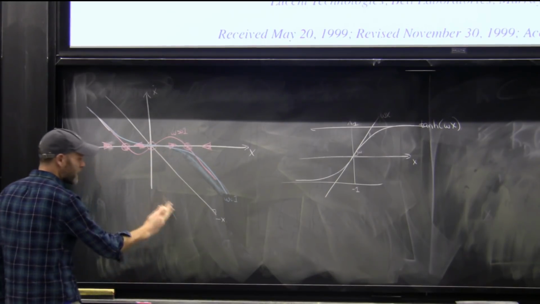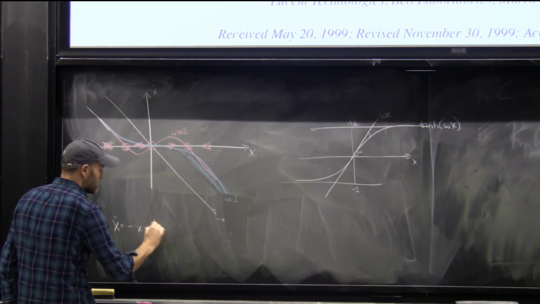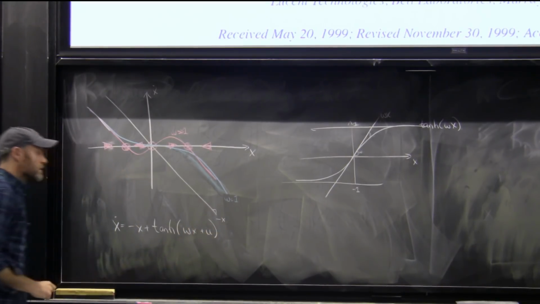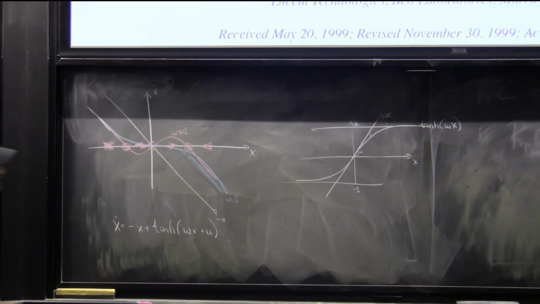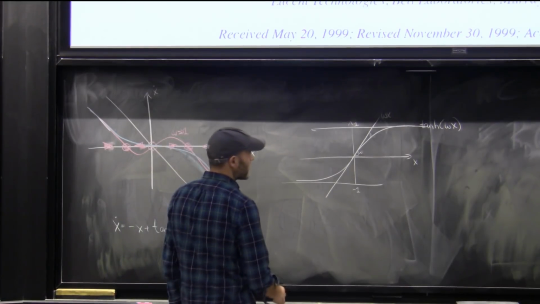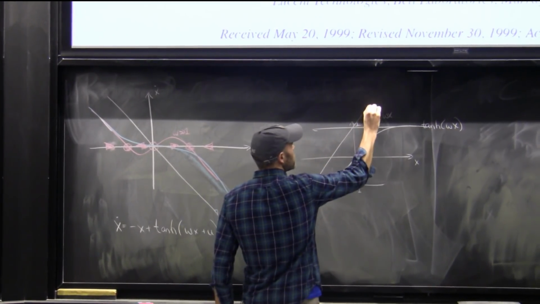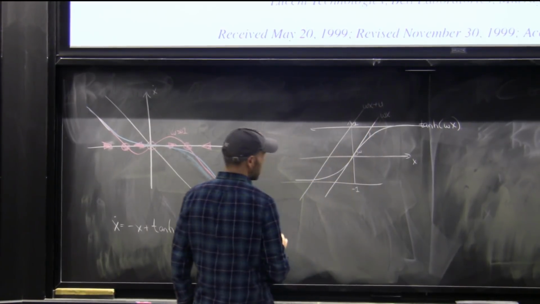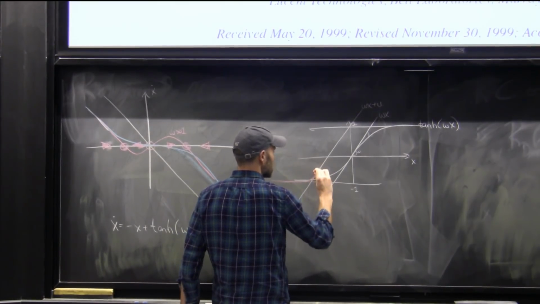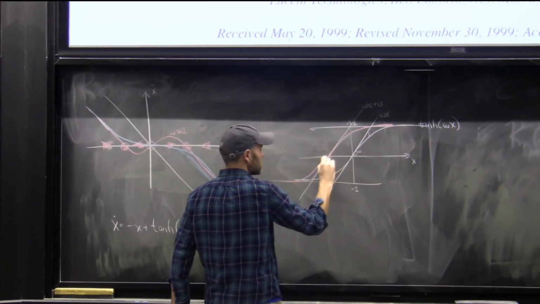Maybe to make that more clear, what if I had an extra input to the neural network? What if I did x dot equals -x plus tanh of wx plus u? So I'm going to send in an extra input. What's that going to do to my curve? If I plotted wx plus u, then adding u is going to allow me to shift that tanh around, left and right.